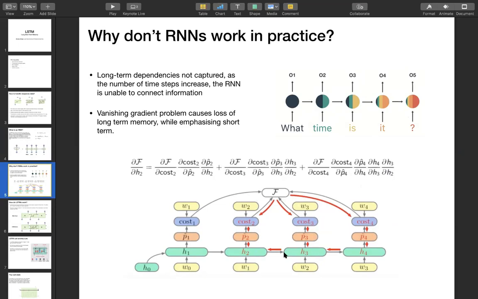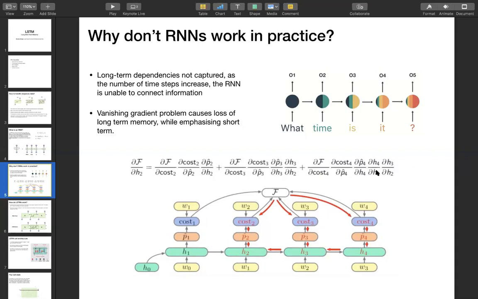So when you try to compute the partial derivative of the loss function with respect to the weights, for the first few words the computation is not that small. But as you keep going further back in time from the word, the number of derivatives that you have to keep multiplying together keeps increasing.